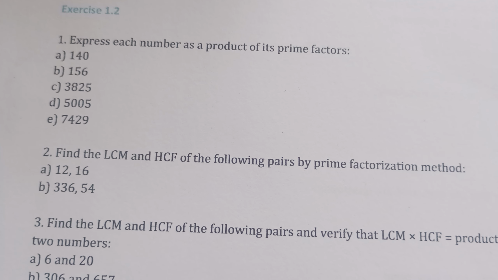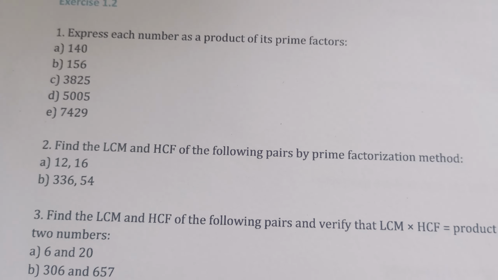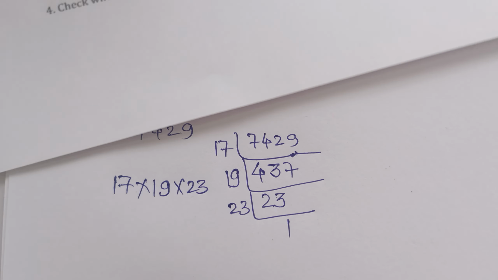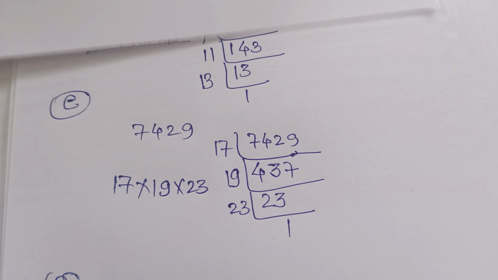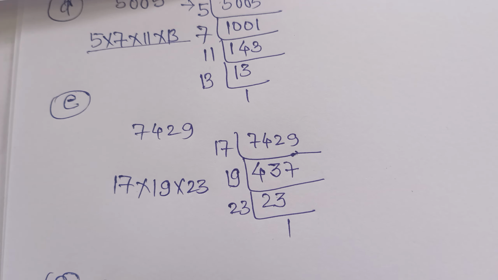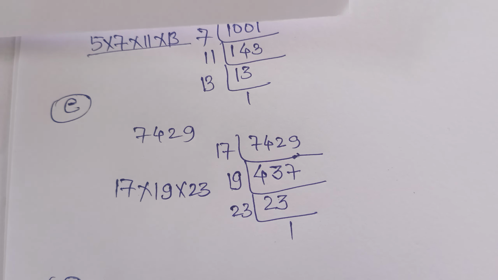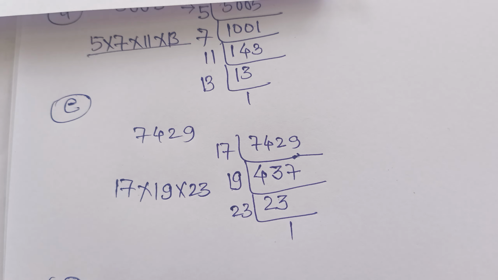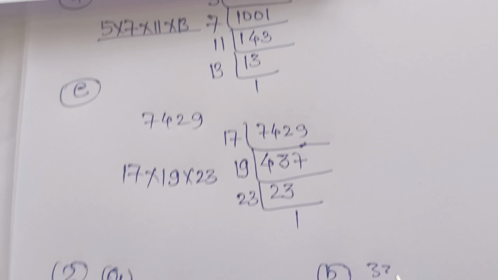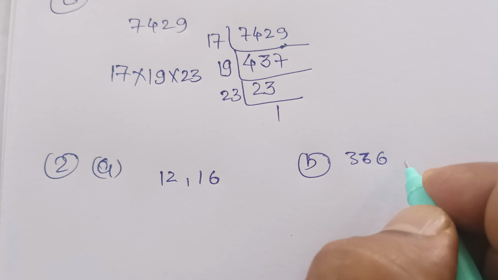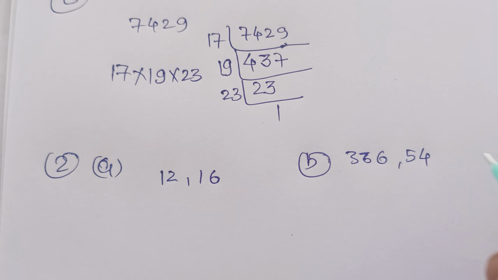So in A we have 12 and 16, and in B we have 336 and 54.